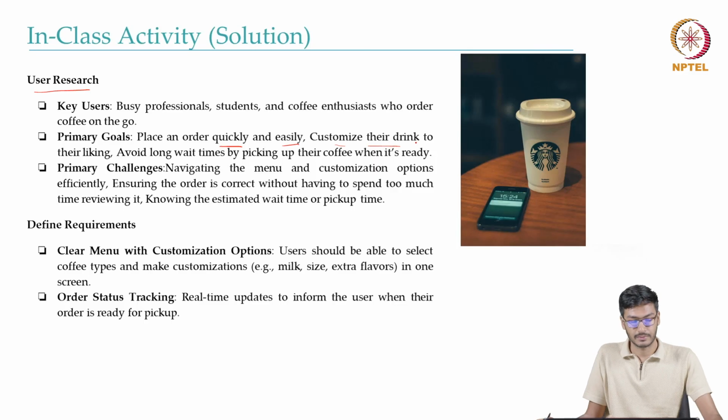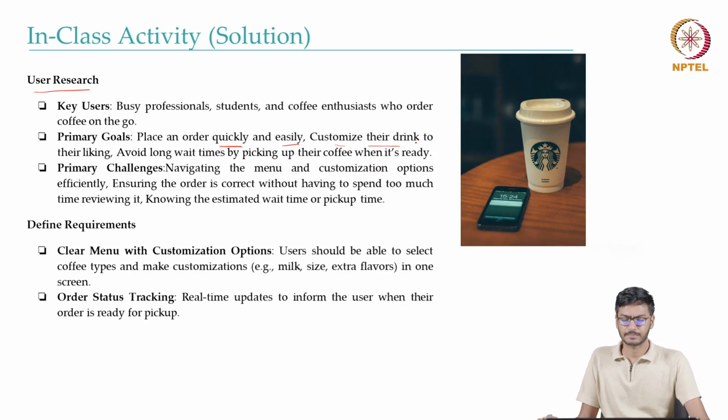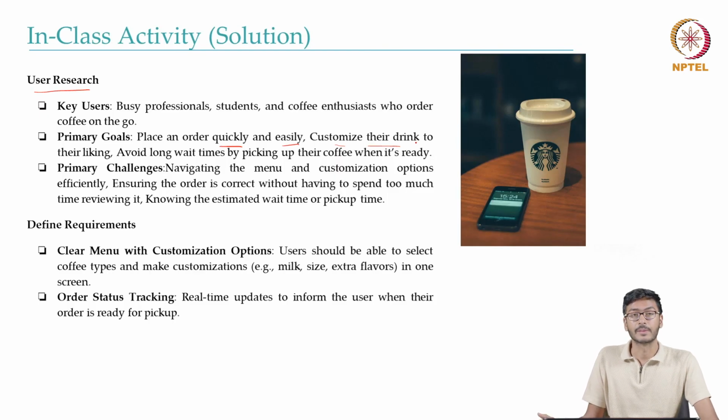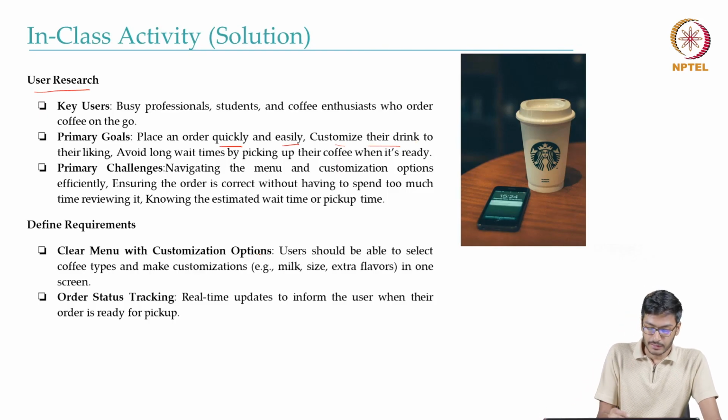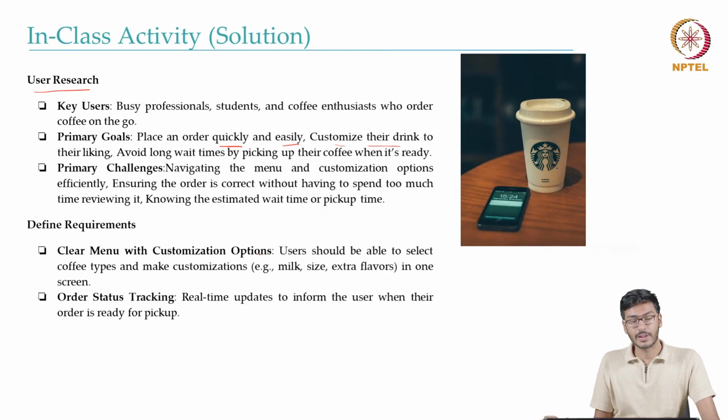What challenges they face right now may be that there are not enough customization options. There may be issues with the navigation in the app, in the menu. And we also need to ensure that the order is correct without having to spend too much time on it.